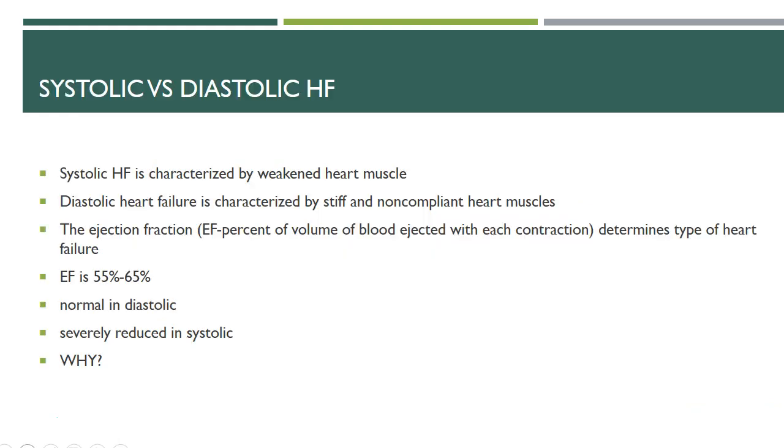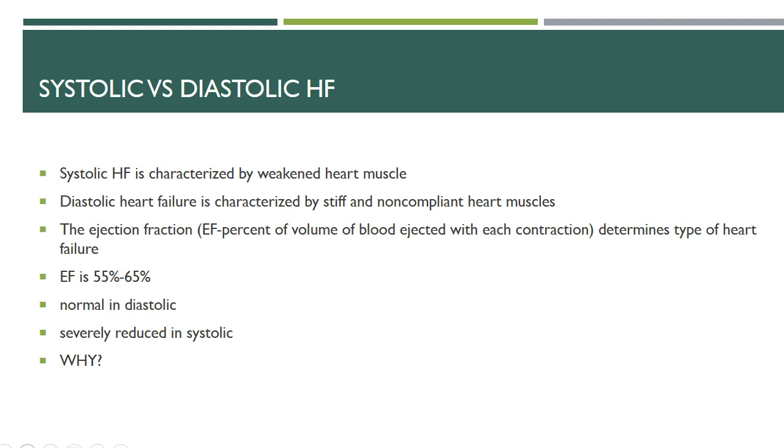Systolic heart failure is characterized by a weakened heart muscle, whereas diastolic is characterized by stiff and non-compliant heart muscles. So your ejection fraction, which is the amount of blood that's ejected with each contraction, is only going to go down with systolic heart failure, because in systolic heart failure, your heart is actually weaker. Whereas with diastolic, it's more that your heart is stiff and it's not compliant.